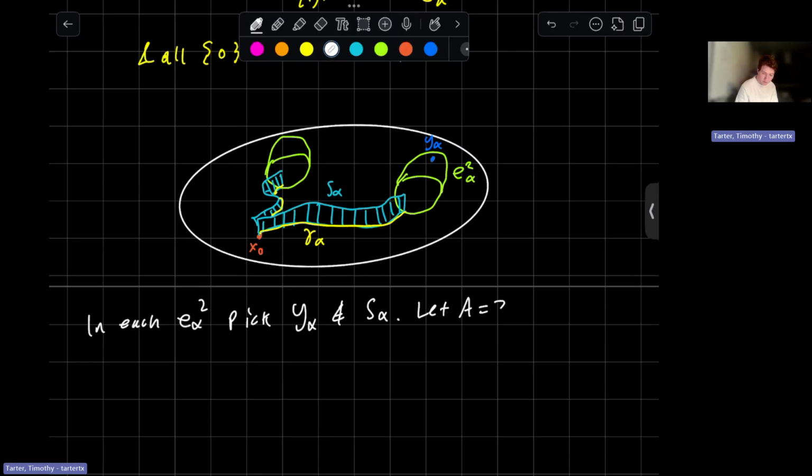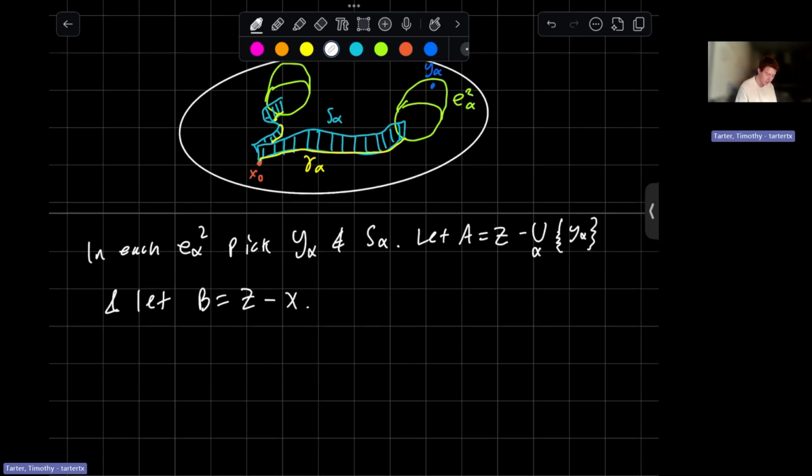Let A be equal to Z minus the union over alpha of Y alpha, and let B equal to Z minus X.